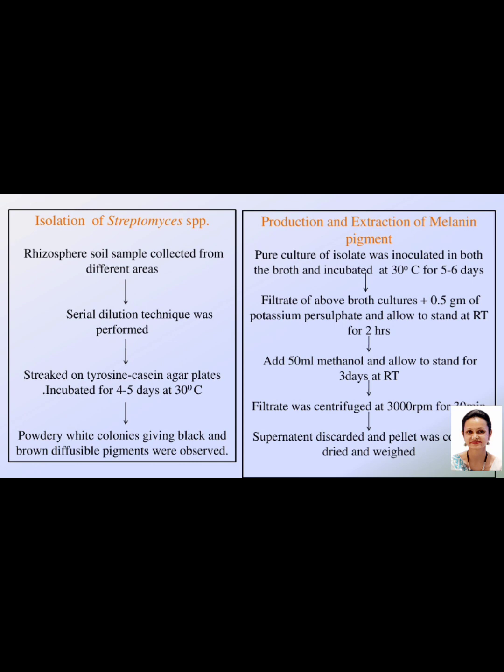Then 50 ml of ethanol was added and again allowed to stand for 3 days at room temperature. After the 3 days, the filtrate was centrifuged at 10,000 rpm for 10 minutes. The supernatant was discarded and the pellet was collected and air dried. So we are using the dry form of the melanin pigment.